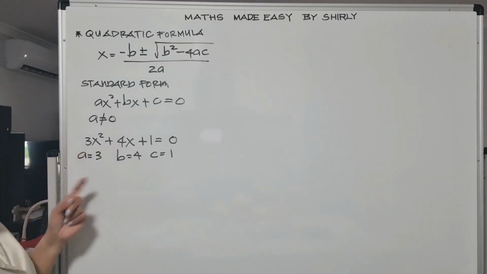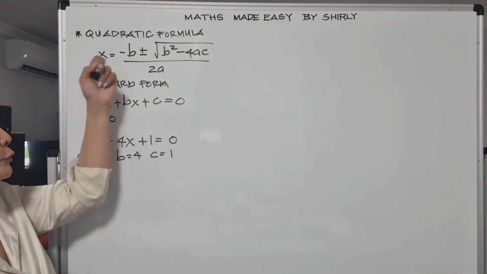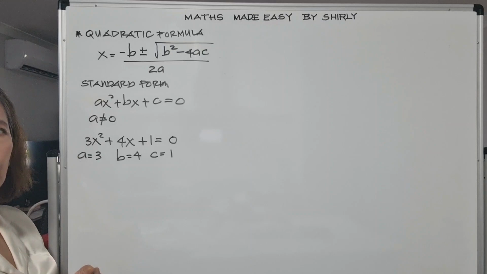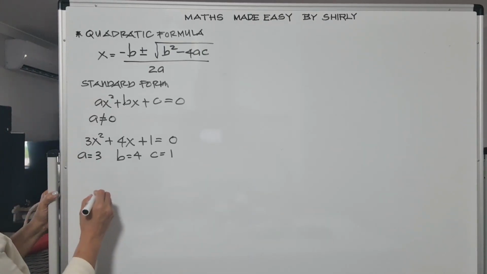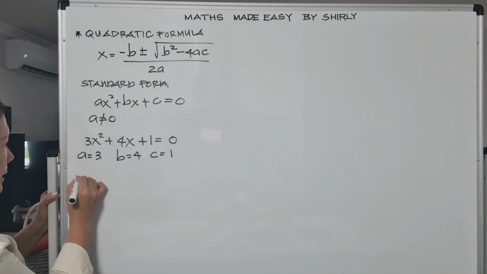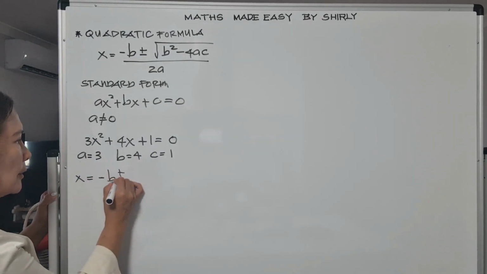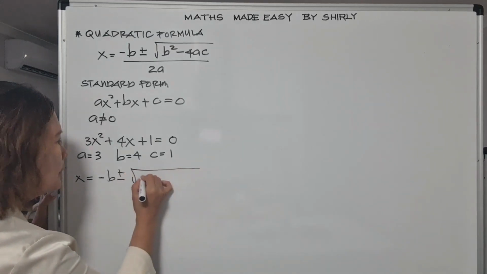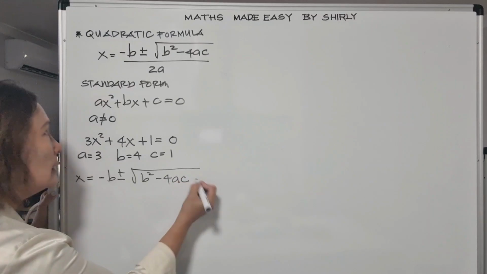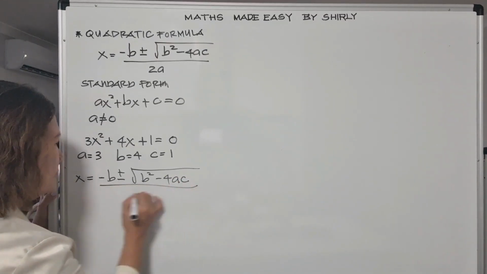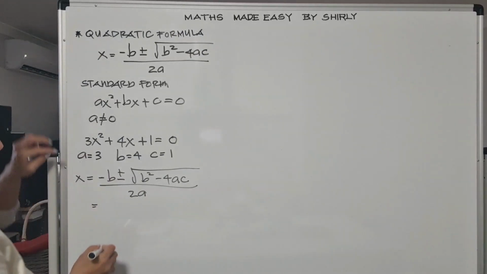In this equation, we will find x using the quadratic formula. So, let's do that. Again, x is equal to negative b plus or minus the square root of b squared minus 4ac, all over 2a. Let us substitute.